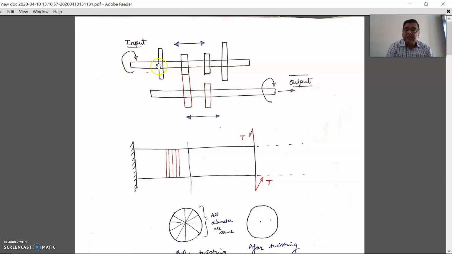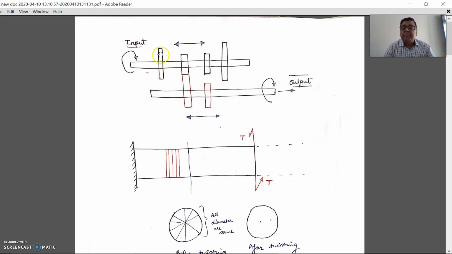Now this is the main shaft, and it is under the application of end thrust, because this shaft was already fixed under some bearings. End thrust means it was under the application of, let's say, a tensile or compressive force.